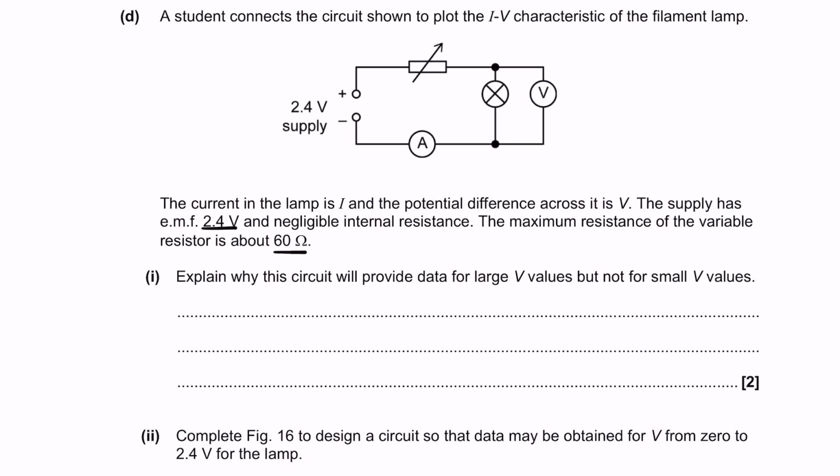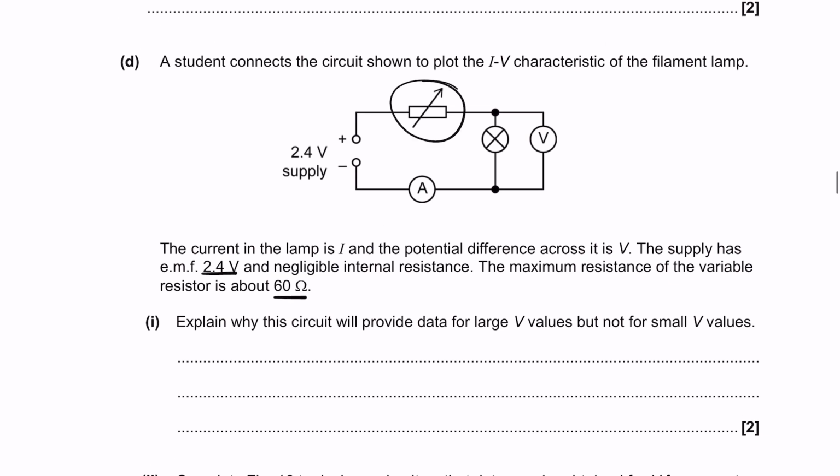So we have to think about two different situations. When the variable resistor is set to 0, the potential difference across the resistor is also 0, and so the lamp is going to get 2.4 volts, because it all adds up to 2.4. That's the maximum it will have.